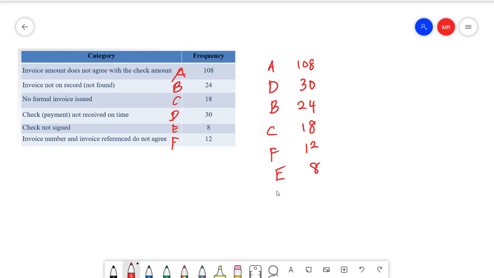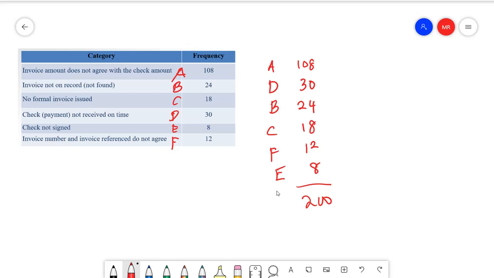So this is the normal process. We sort from largest to the lowest. The total numbers here is 200. Okay, the total here is 200.